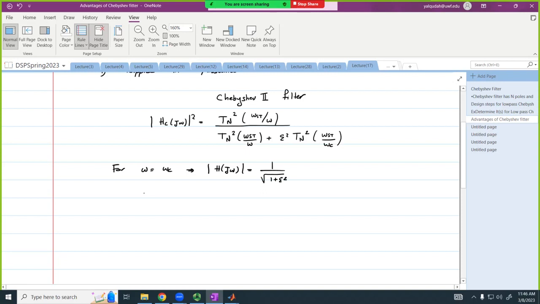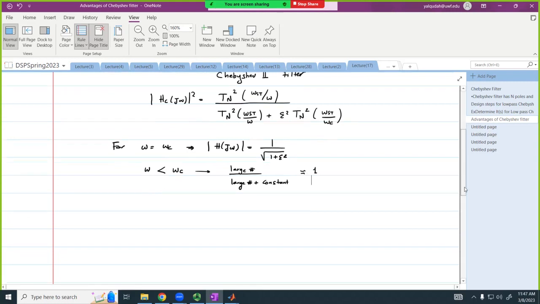When omega is very small, less than omega c, we're going to have a very large number divided by a large number plus a constant, and therefore this is going to be approximately equal to 1. And this is just a constant, omega stop over omega. This is omega, that is the variable.